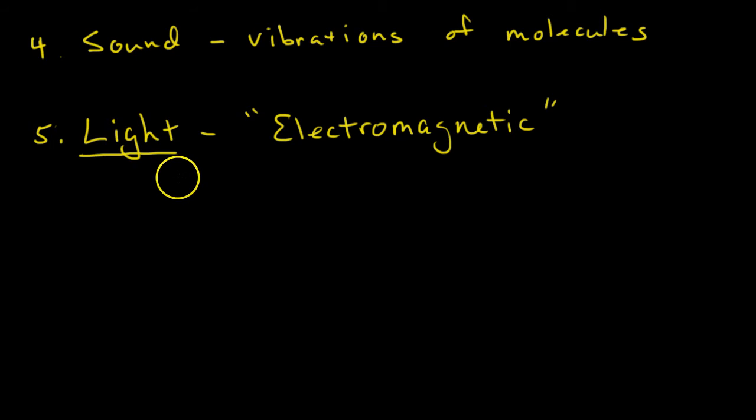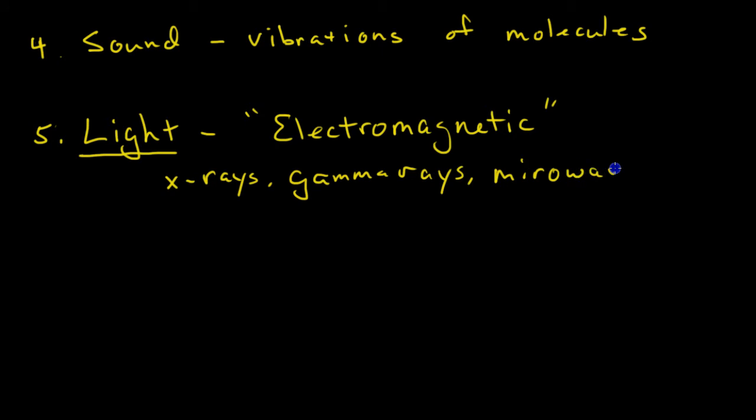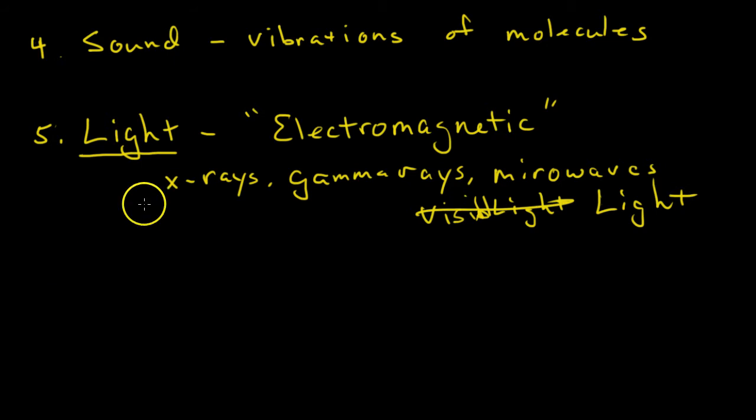It's important to remember that light energy, in our sense of the word, also includes X-rays, gamma rays that made the Hulk, microwaves, and then just regular old visible light. Okay, so light energy is not just visible light, but it's everything in the electromagnetic spectrum: X-rays, gamma rays, microwaves, and visible light, and some others as well. I don't know off the top of my head.